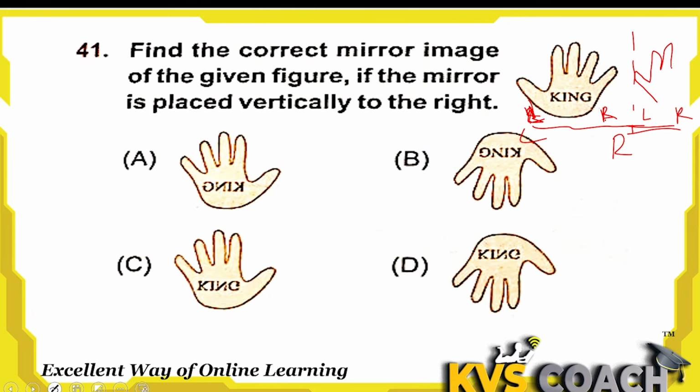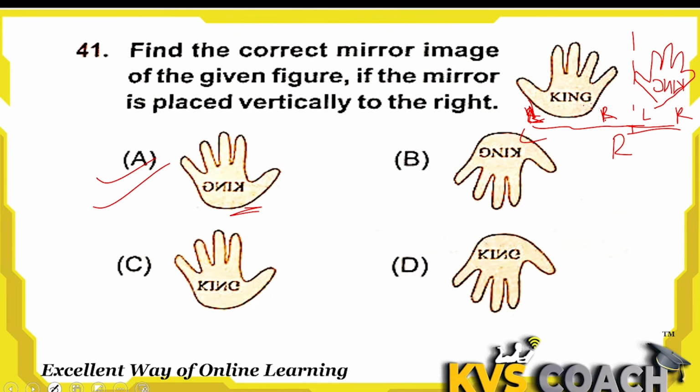And then this, and G. How will the word king look? King will look like G first here, and then N, then I, and then K, like this. So this will look like king. This is the right answer here, king. A is the right answer.